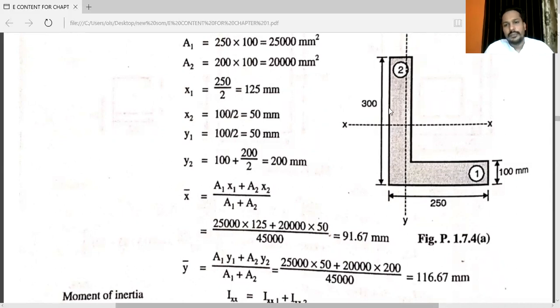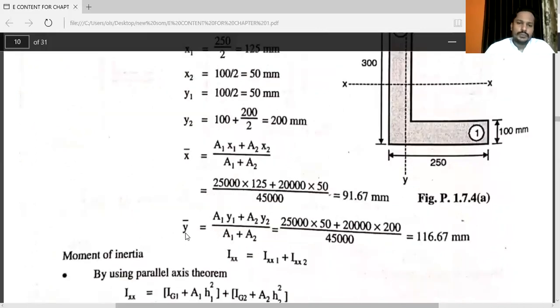This is the vertical axis. This one is a dotted line. You can see the perpendicular distance between them, that is x bar, that we calculated, 91.67 mm, that is x bar.